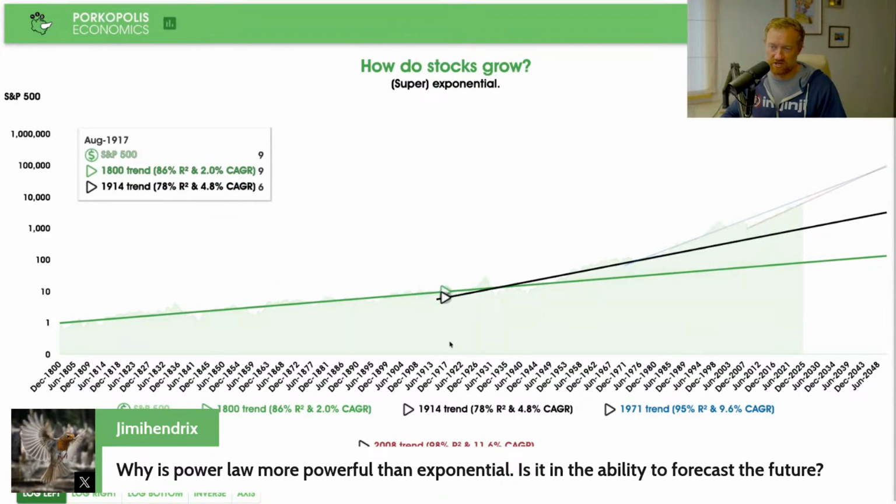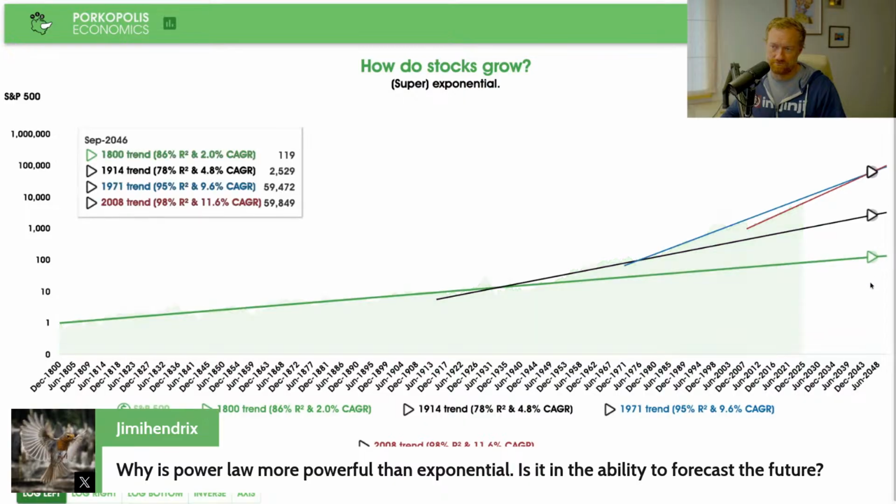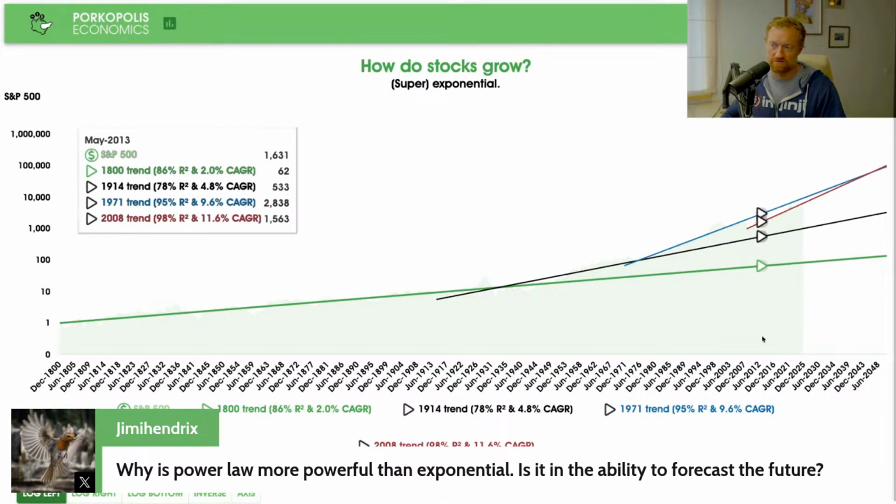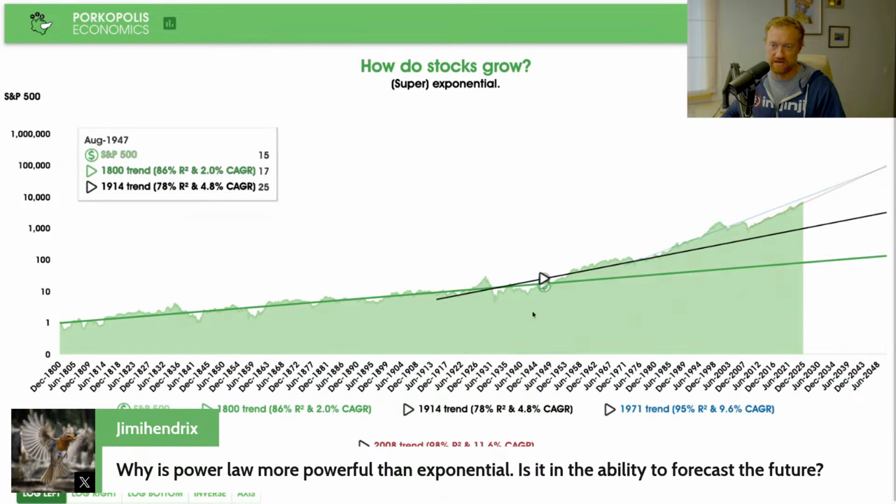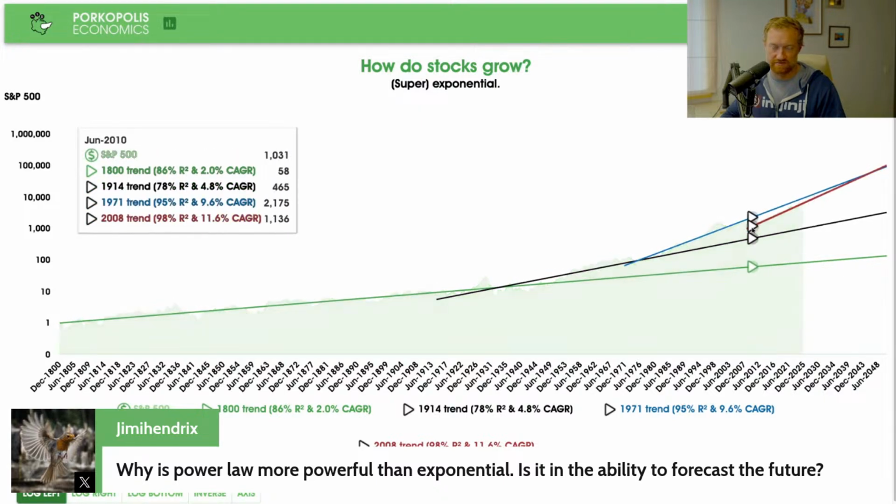So this is super exponential growth. Notice, by the way, look at the CAGR, compound annual growth. It increases. Low CAGR here, faster and faster CAGR. We got up to 11.6% in the last 15 years. And that's without dividends reinvested.